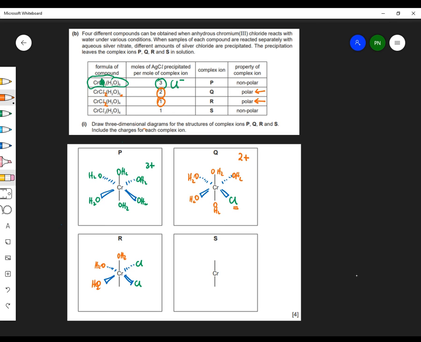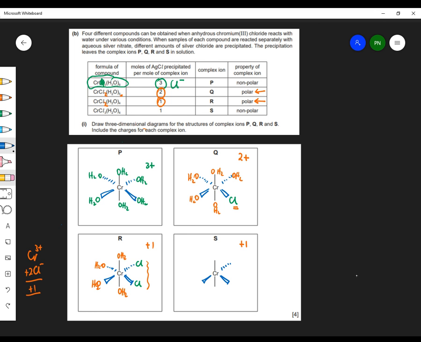Whoopsie daisy, another water, and another water. And this time it's going to be +1, isn't it? Because it's Cr 3 plus, 2 Cl minus ions. We're going to get an overall charge of +1. Simple as that. Now this one is polar, and I've drawn these two in a polar position. Now the next one is exactly the same charge, but this one's got to be non-polar. So now there's one there, one there.